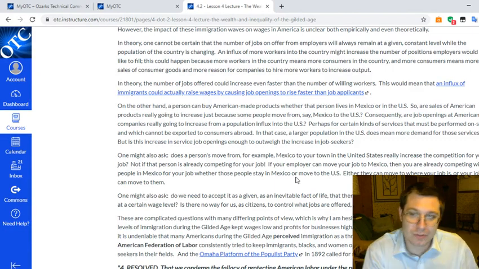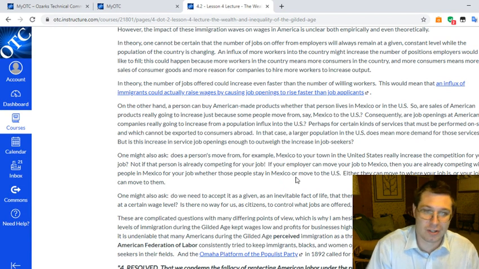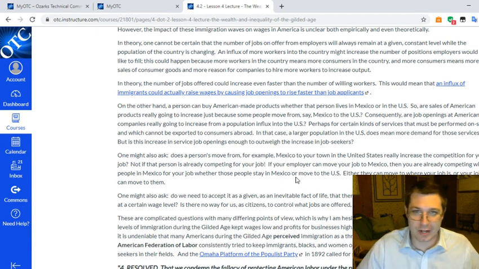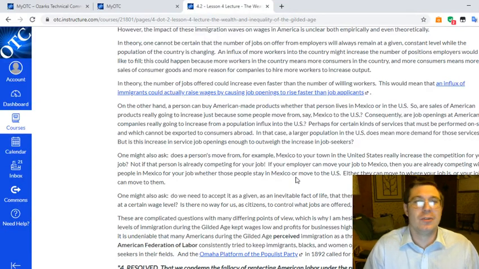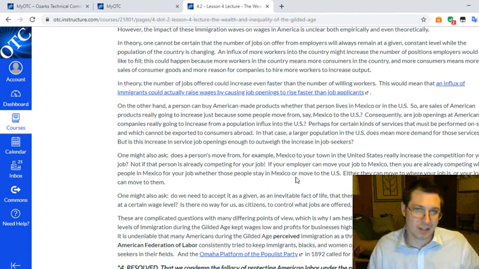Either they can move to where your job is or your job can move to them. Either way, you're already in competition with Mexican workers, Chinese workers. There's no way to escape that competition. Keeping immigrants out of the country isn't going to save you from that competition, in a way.